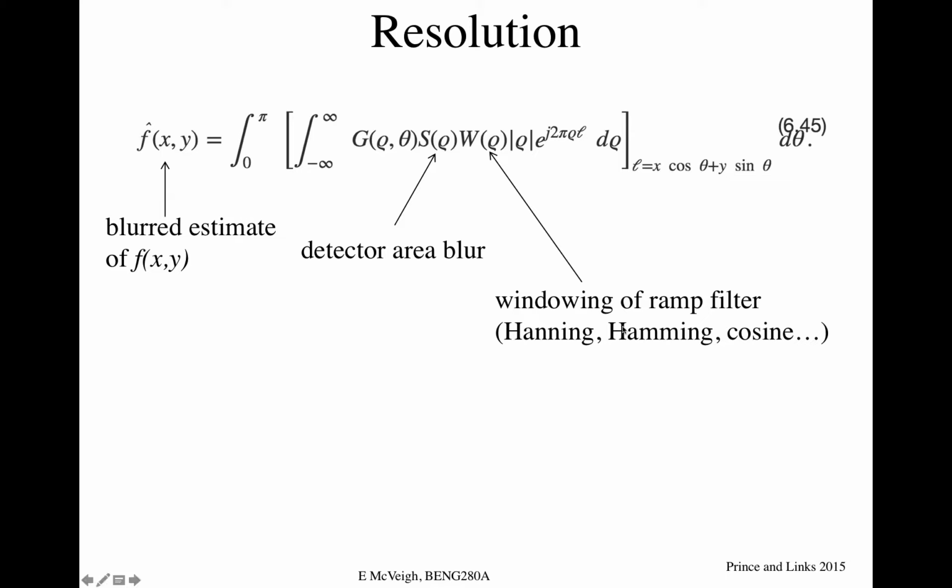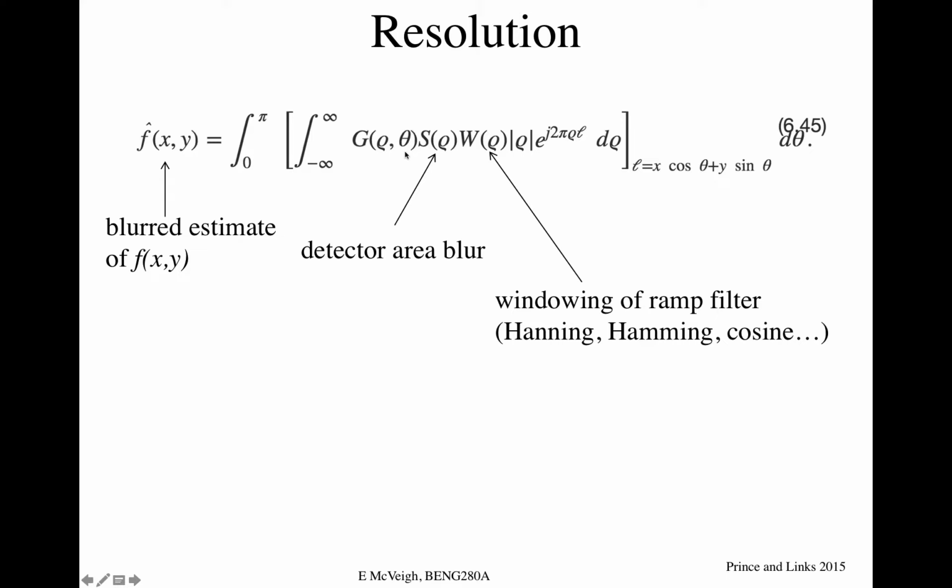Recall, this is the underlying true Fourier transform of our object, f(x,y). This notation is taken out of Princeton Link, so you can go back to this chapter and read through it, and the equation numbers are here. It's a nice description in there, but it's going to take you a while to go through it. But it's worth doing, I think.